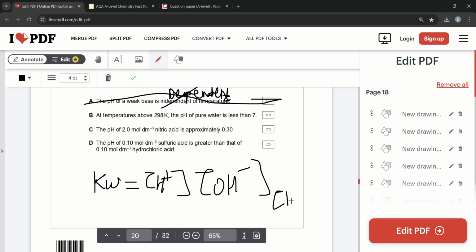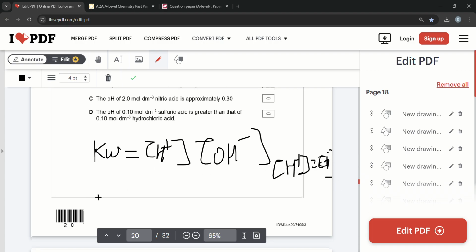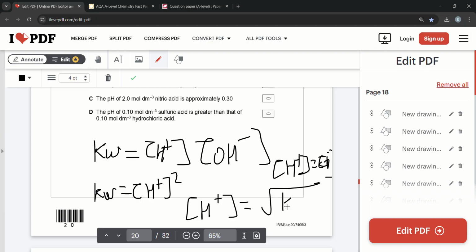And you also know H+ is equal to OH- in this case. So we get Kw is equal to H+ squared, where H+ is the concentration of hydrogen ions. So H+ is equal to the square root of Kw.